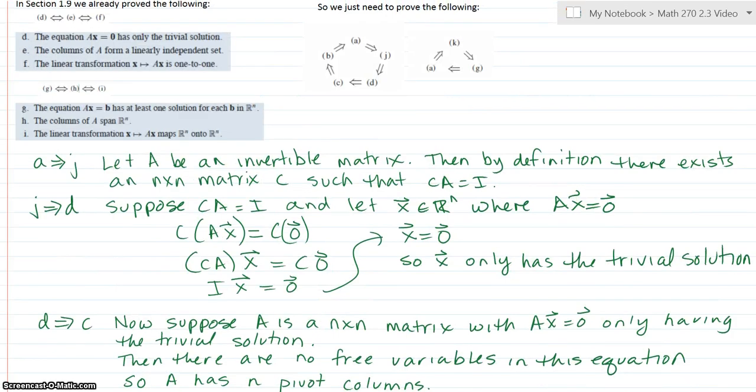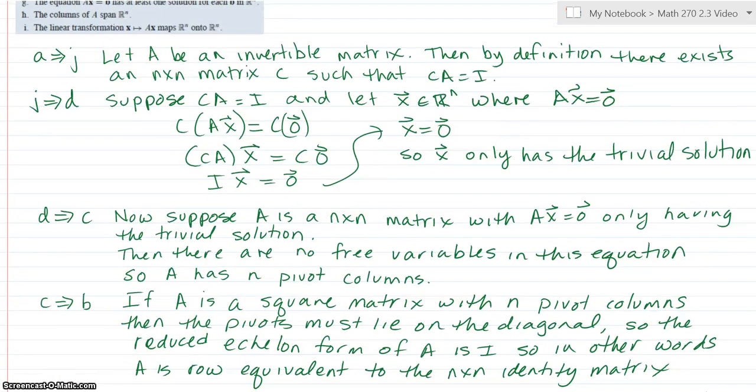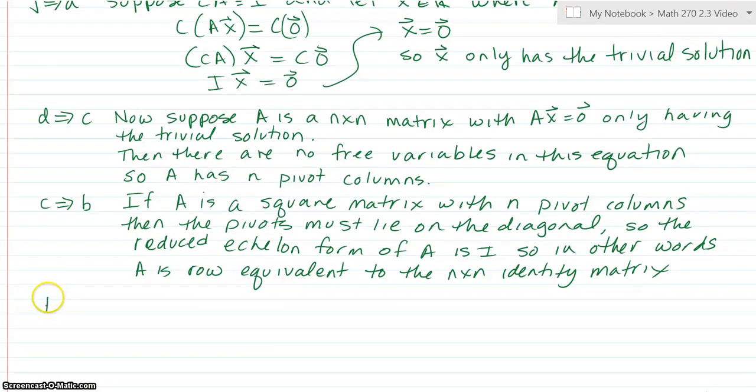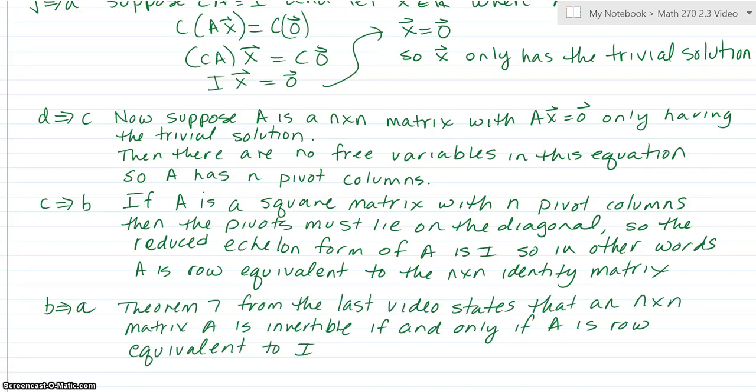So finally, we need to get to B implies A, and then we are done. But Theorem 7 from the last video states just this.